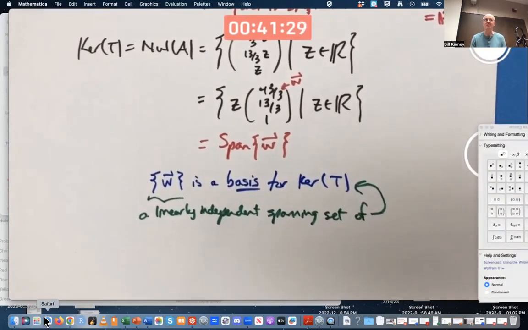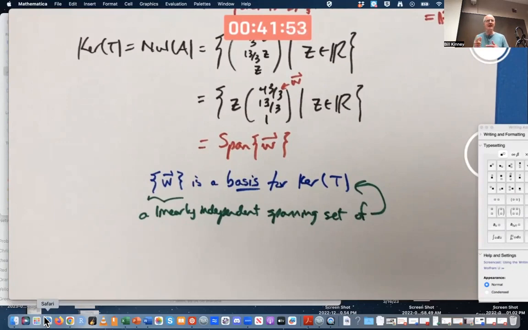What does that mean? Linear independence for one vector, any non-zero vector just by itself will automatically be a linearly independent set. So that's easy. One non-zero vector set by itself is a linearly independent set by definition.